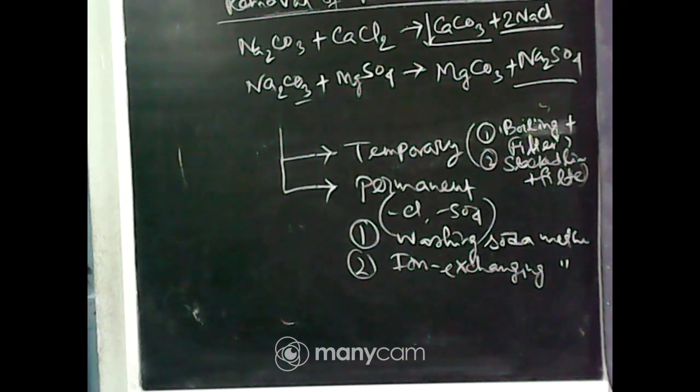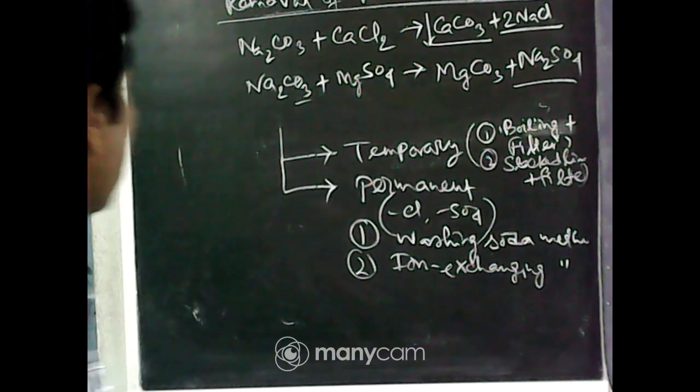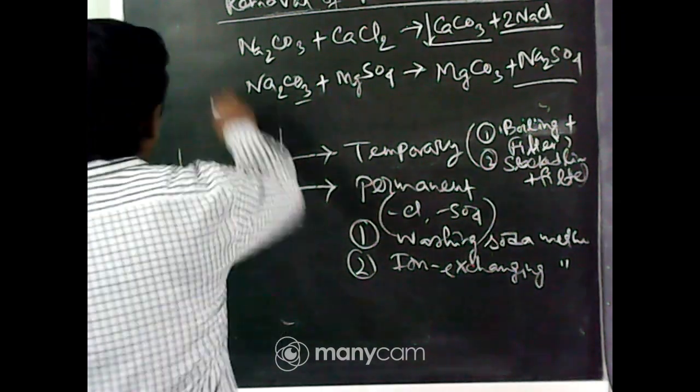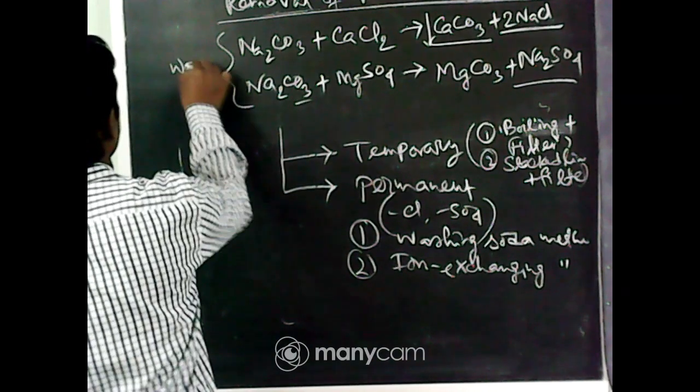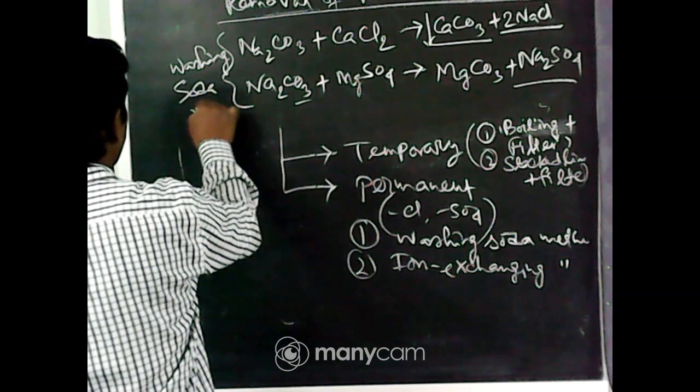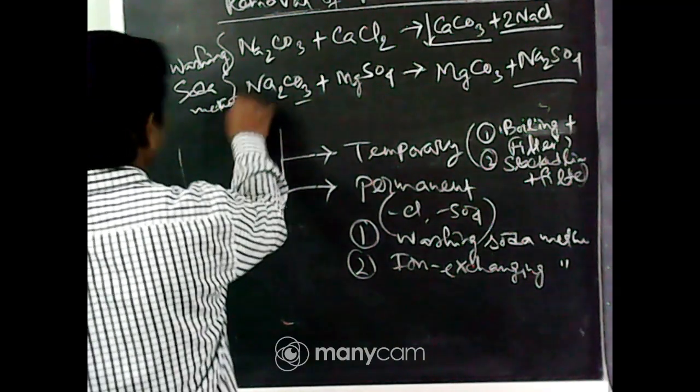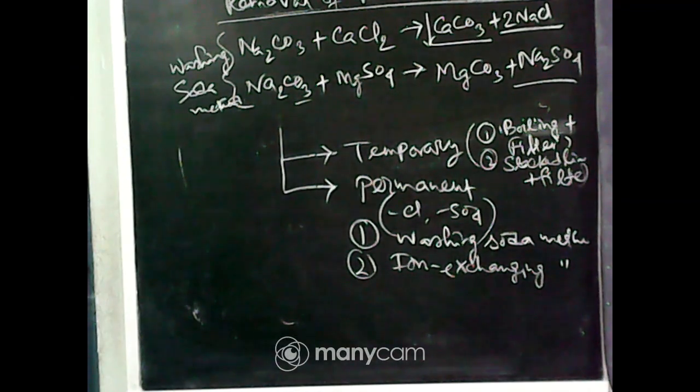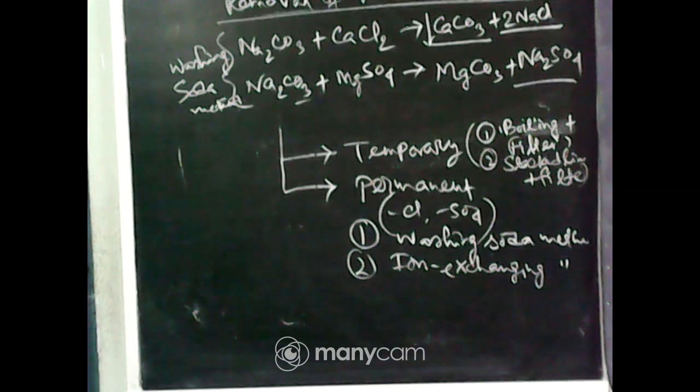Have you understood up to this? That is how permanent hardness is removed by the washing soda method. You may also write the equation. Next one, the ion exchange method.